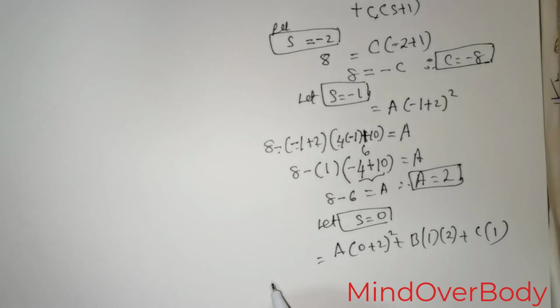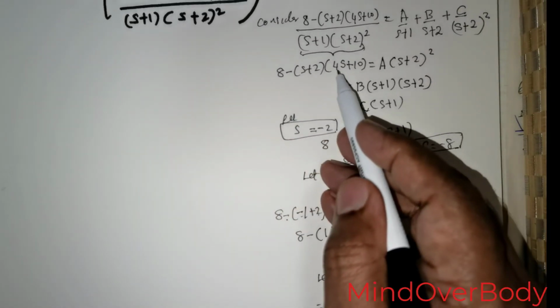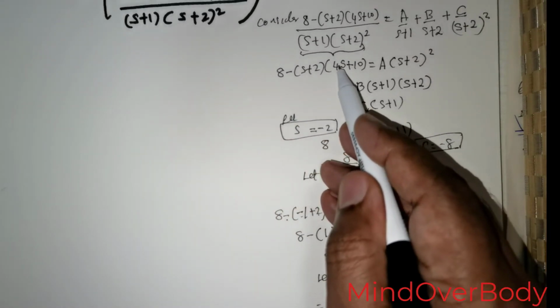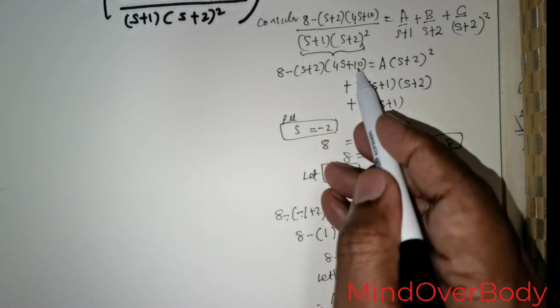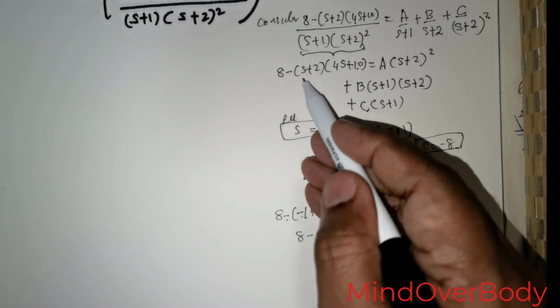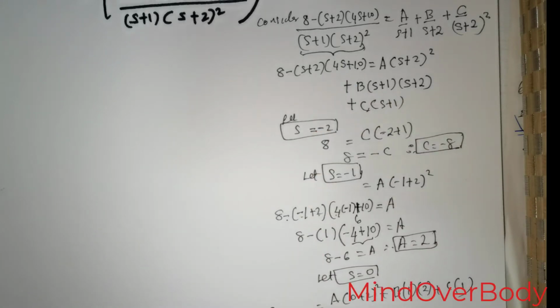On the left hand side, this is going to vanish, 0, so you get a 10 and you get a 2 there. 2 times 10 is 20, so you have 8 minus 20.